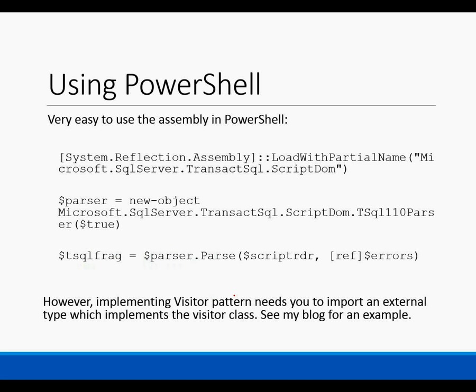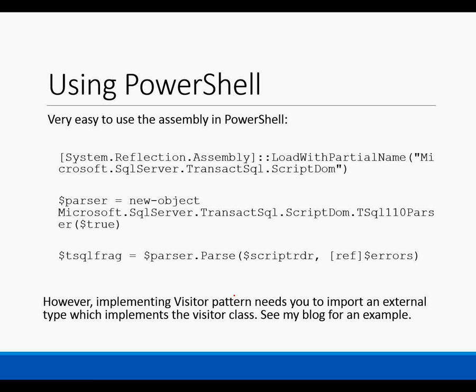The other things you can use the library with are things like PowerShell. In my demos, I'm showing you almost exclusively Visual C# based demos, but you can actually use the library along with PowerShell. On my blog, you have a couple of examples which show you how to use this library within PowerShell itself.